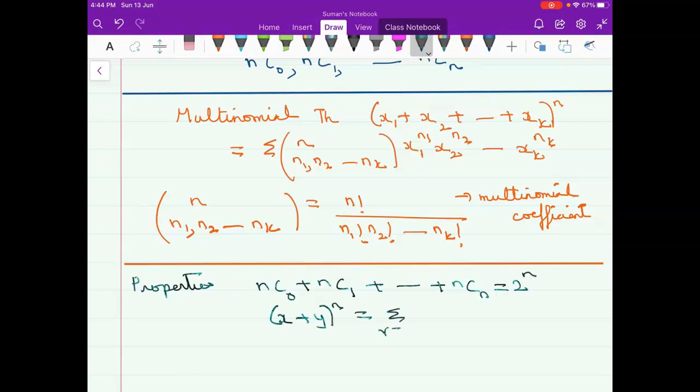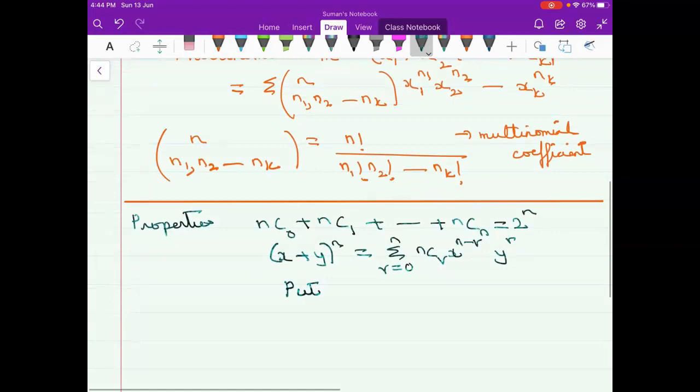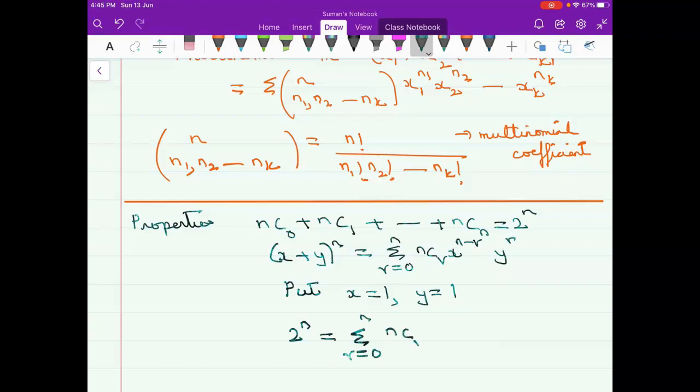This is summation r taking value 0 to n, NCr x raised to n minus r y raised to r. If I were to put x equal to 1 and y equal to 1, I get 2 raised to n is summation r taking value 0 to n NCr. That would be NC0 plus NC1 up to NCn.